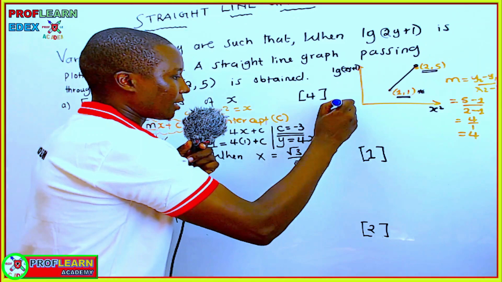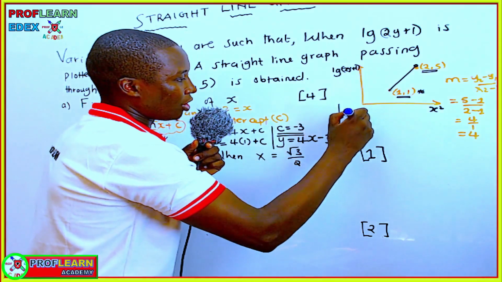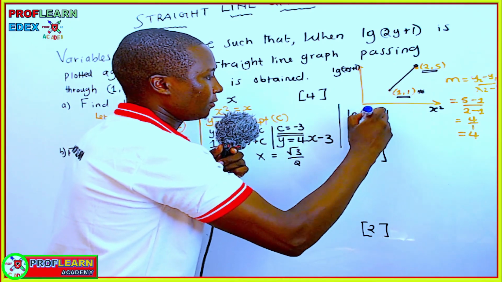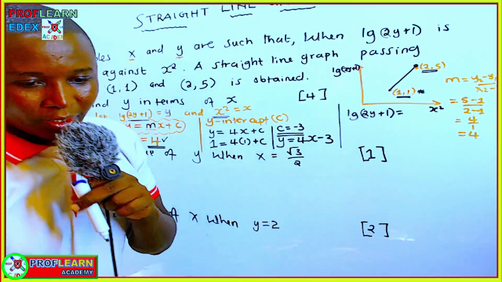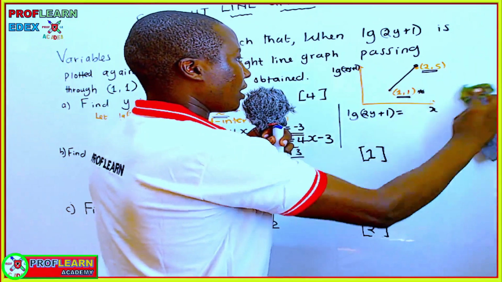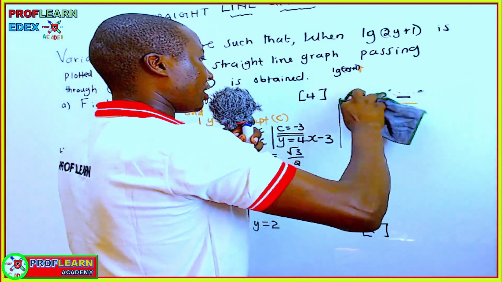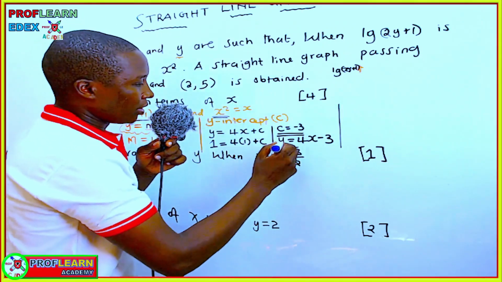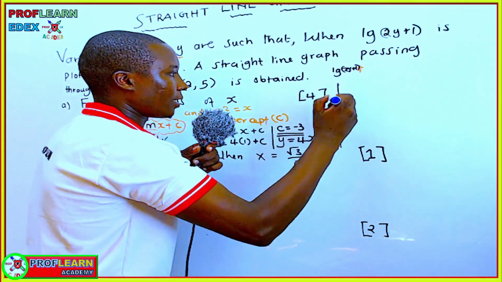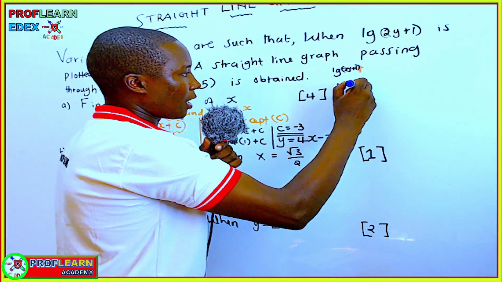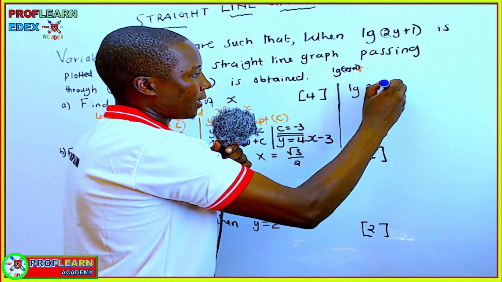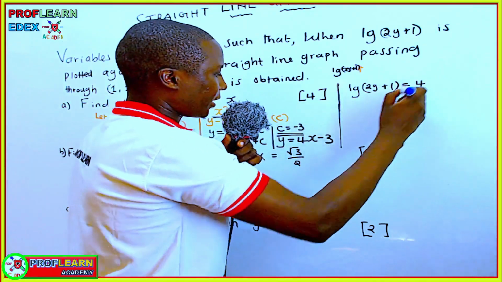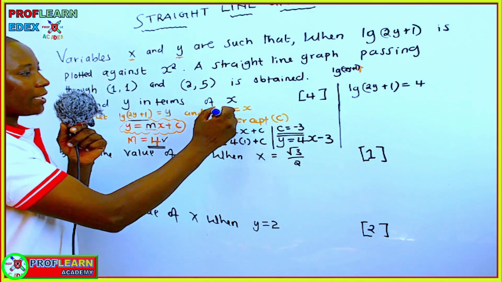This equation of ours can now be written as log 2y plus 1 is equal to, instead of y, now I'm going to say this is log 2y plus 1 is equal to 4, and instead of x, remember x was x squared.